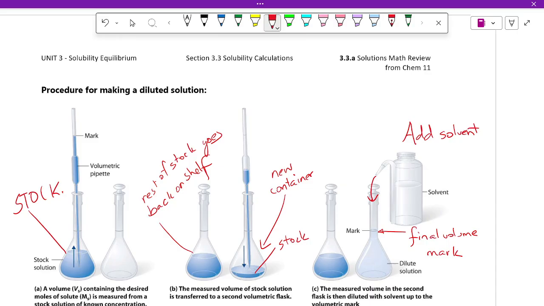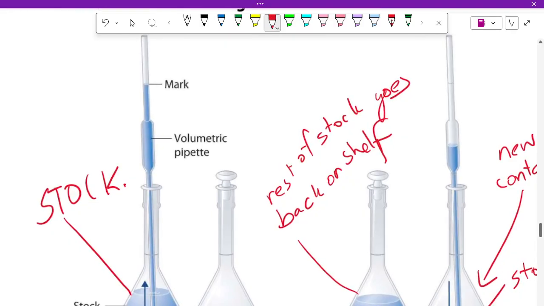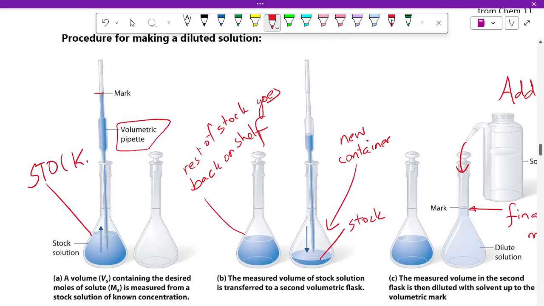Do you guys know what all these pieces of equipment are called? A pipette that only has one mark on it is called a volumetric pipette. A flask that has only one mark on it, can you guess what it's called?